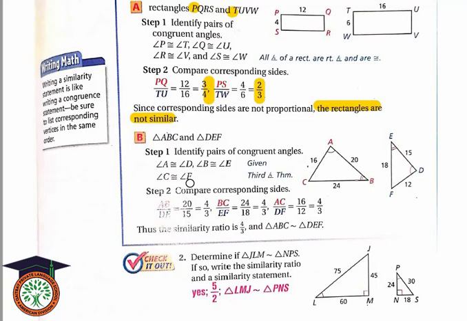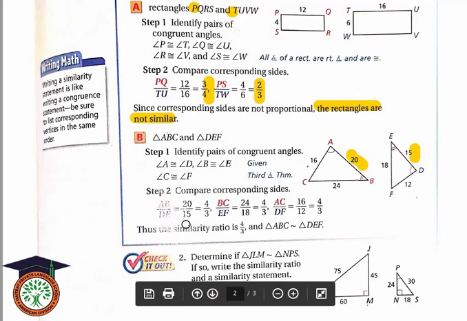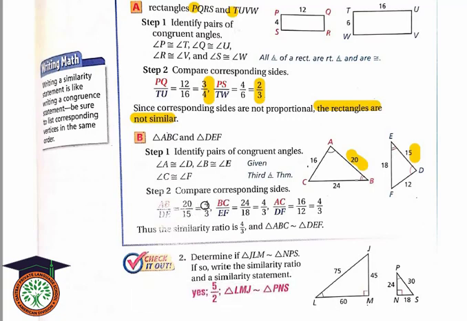Second, I need to find the side lengths of the corresponding parts. First side, AB, equals 20, and DE equals 15. So 20 over 15, both in the 5 times table, so divide up and down by 5. 20 divided by 5 equals 4, and 15 divided by 5 equals 3.